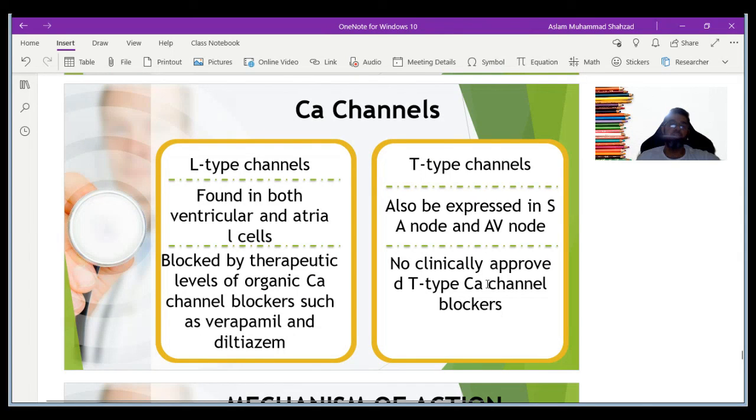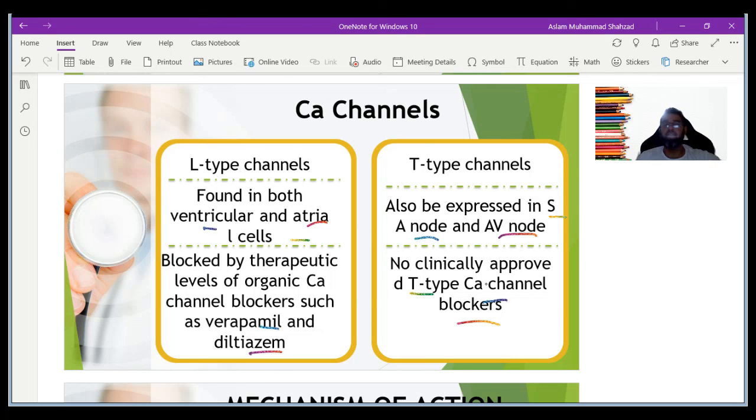We know there are different kinds of channels, like L-type or T-type channels. L-type channels are found in both ventricular and atrial cells, and are blocked by therapeutic levels of calcium channel blockers such as verapamil and diltiazem. They can also block the T-type channels present in the sinoatrial node and atrioventricular node, but this is not clinically approved yet, and the drugs are still under trial for T-type calcium channel blockers.